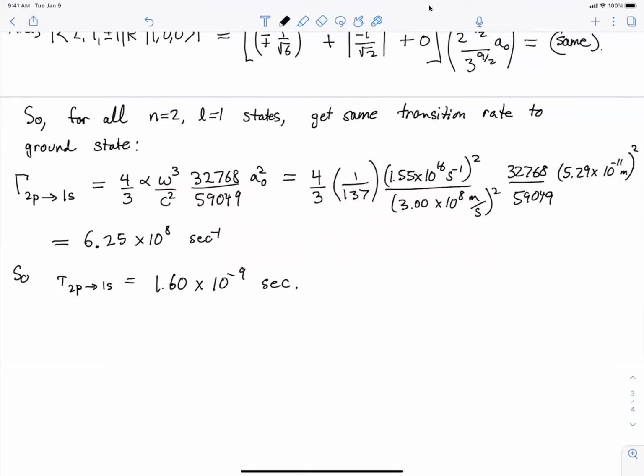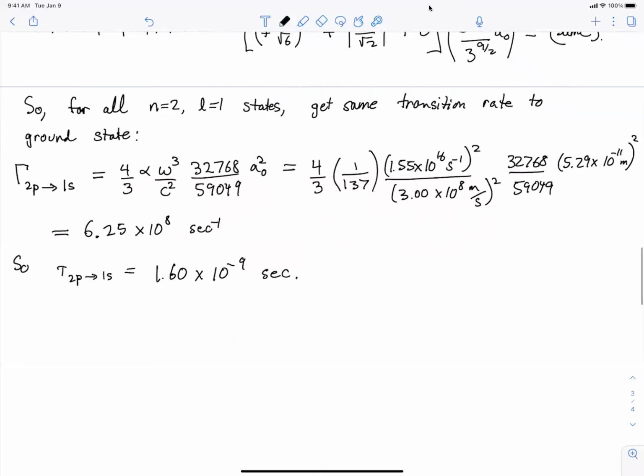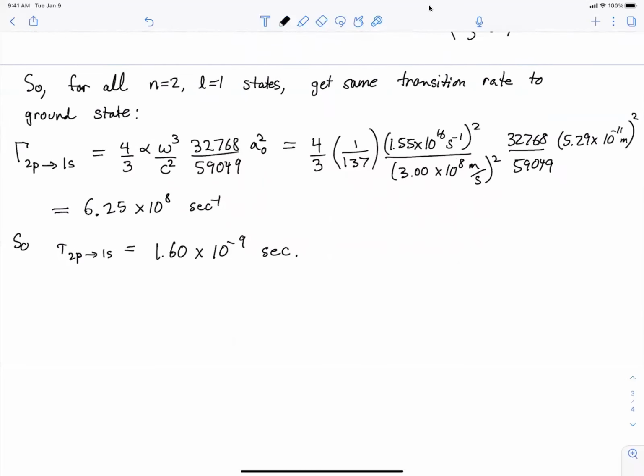Okay, so things one should check when one's done a calculation like this, ideally, are first of all, you want to make sure that the rate isn't too large, because if the rate is too large, that might mean that the whole basis of your calculation was wrong. So in this case, the thing to compare is h bar times gamma. Gamma has units of time, and so h bar times gamma is an energy. And when you put in the numbers for h bar, this is 4.1 times 10 to the minus 7 electron volts.